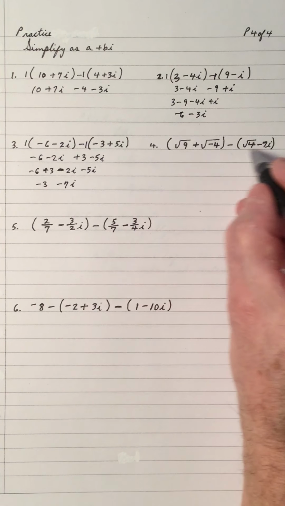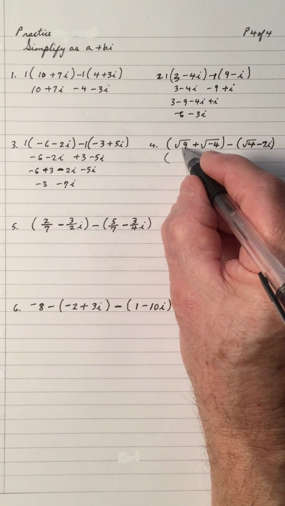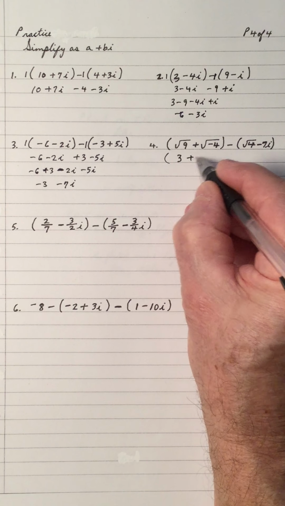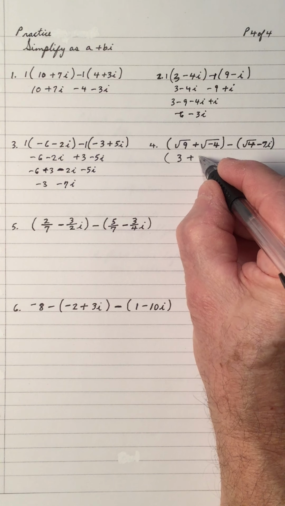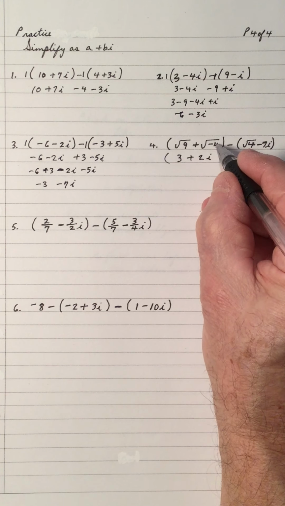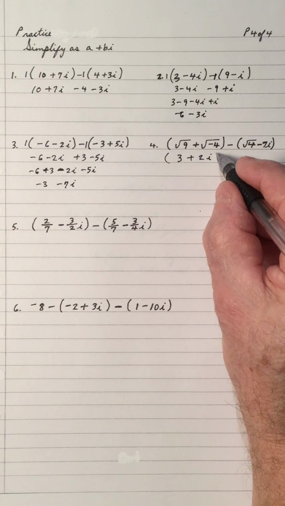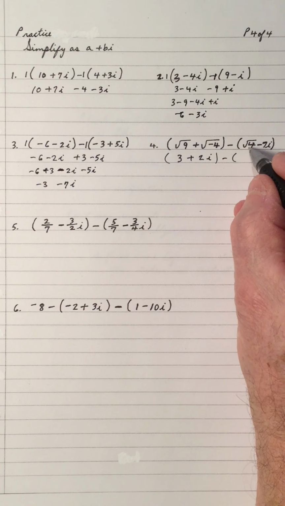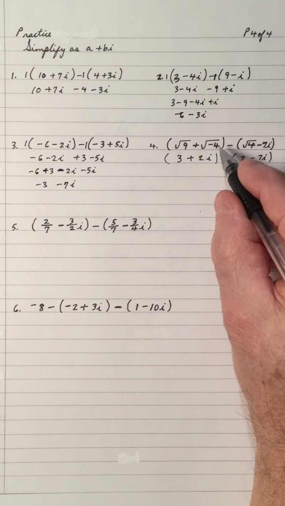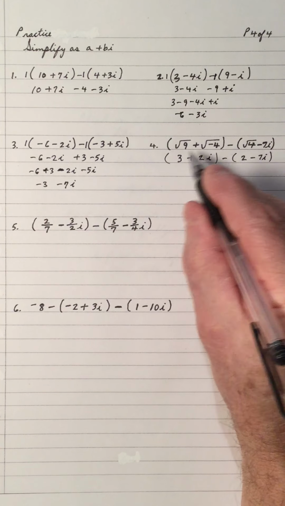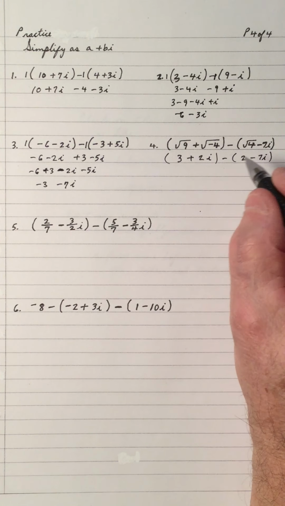And number 4, I have to simplify these first. So the square root of 9 is 3. The square root of -4 is 2i. The square root of 4 is 2, and it's an i. Subtract the square root of -4 is 2, minus 7i. So PEMDAS, we have to simplify the inside of these first before we do it.